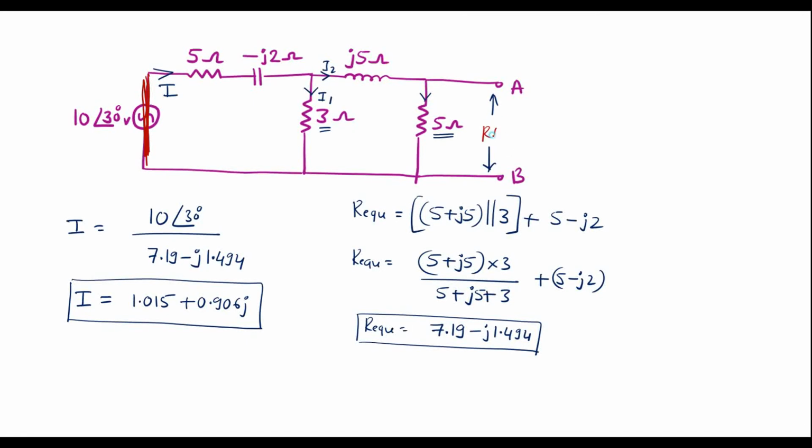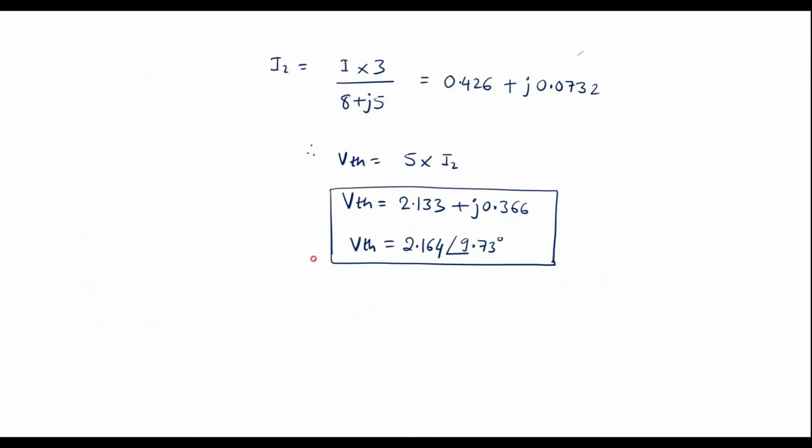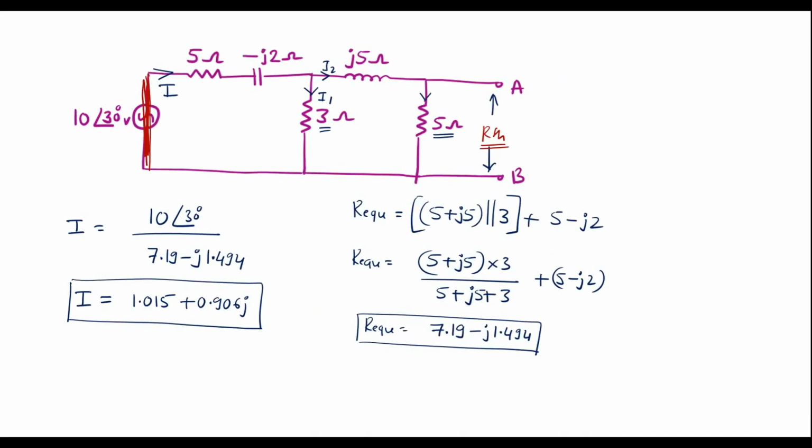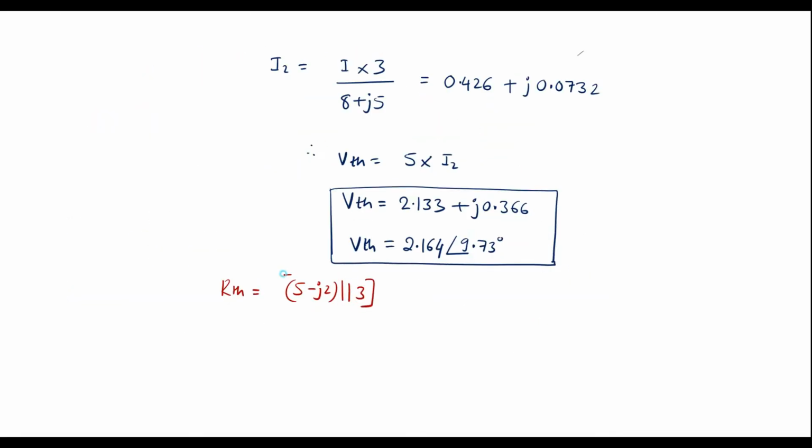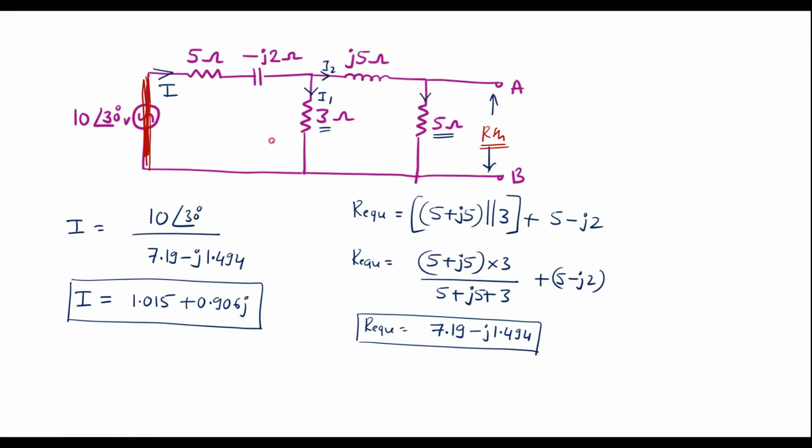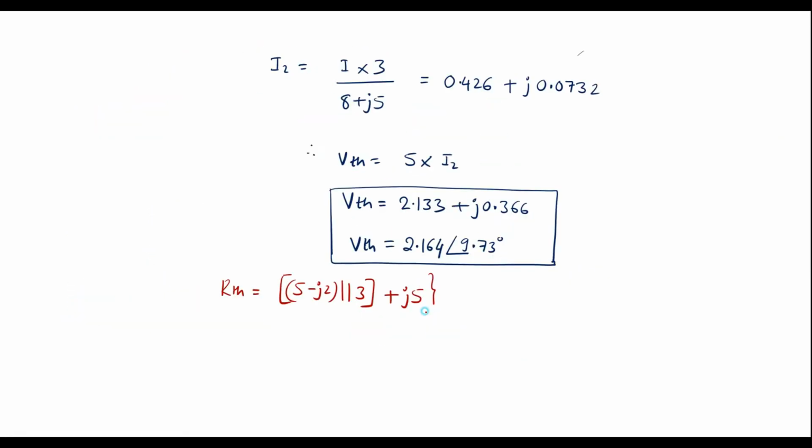In this case 5 minus J2 is parallel with 3, that combination is in series with J5, and the whole combination is in parallel with the 5 ohm resistor. So RTH will be equal to 5 minus J2 parallel with 3, plus J5, and that whole combination is in parallel with 5.